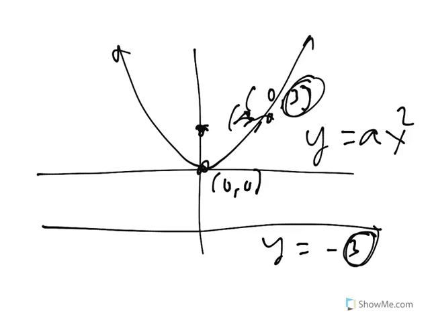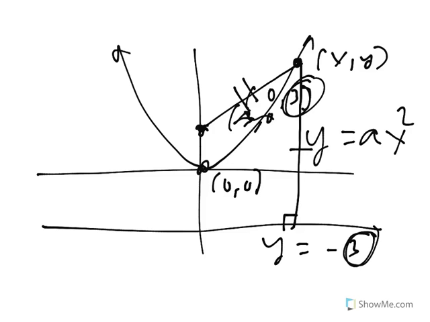So now I'm going to show you how to get the equation of this parabola. We pick some random point on the parabola, call it (x, y), and then we also draw this vertical line. Because of the rule before with the parabola, (x, y) is equidistant from the focus and the directrix, so these two distances are equal to each other.